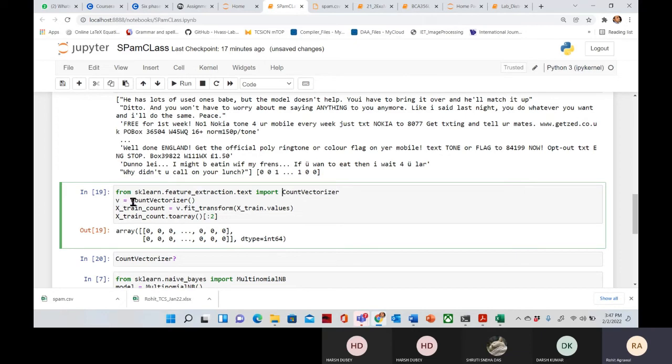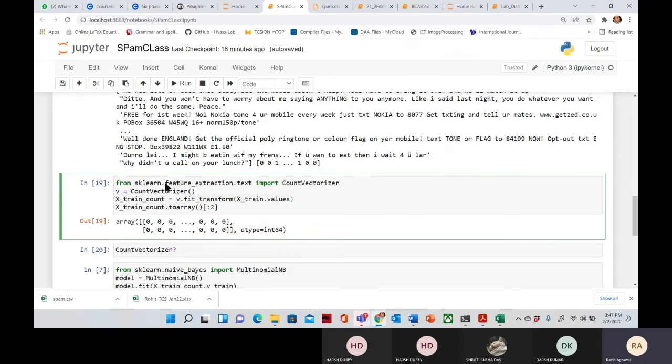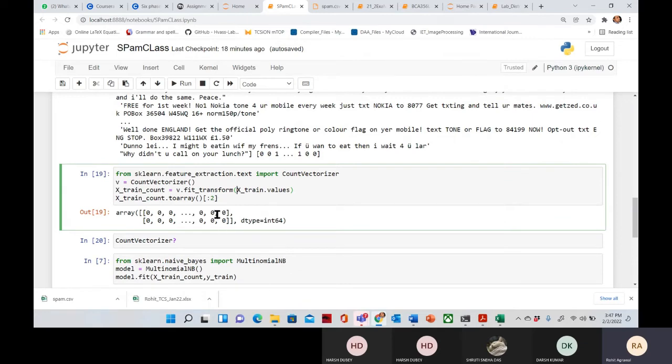Okay. So this is count vectorizer dot fit transform. So we are transforming our data, just like a data transformation. These X values, that means our text data, will be transformed into a matrix of token counts. Okay, I'm just displaying only two rows.